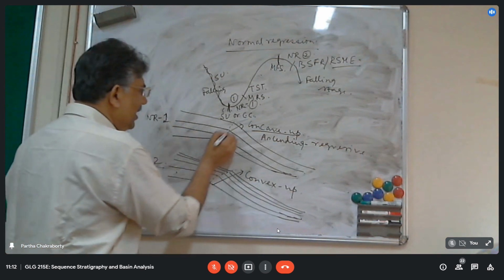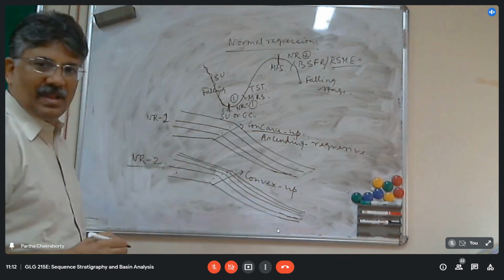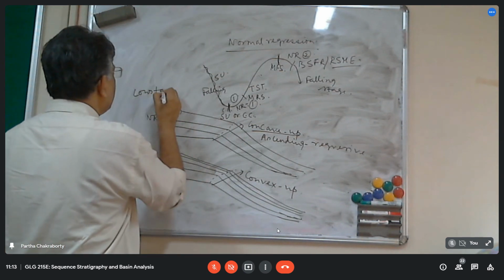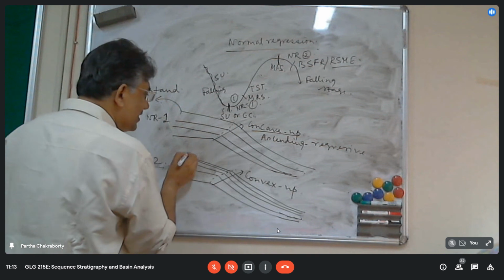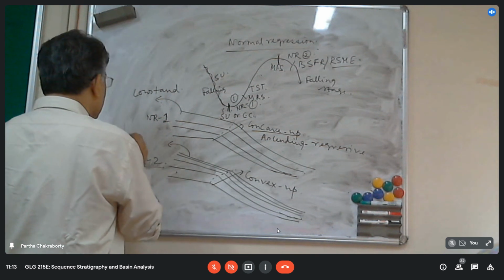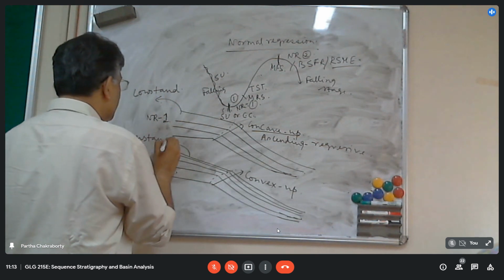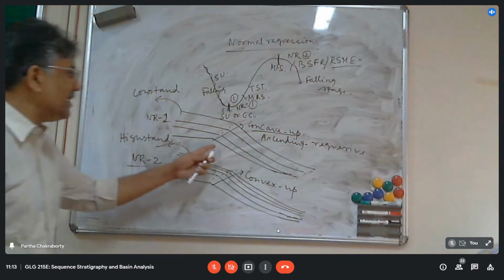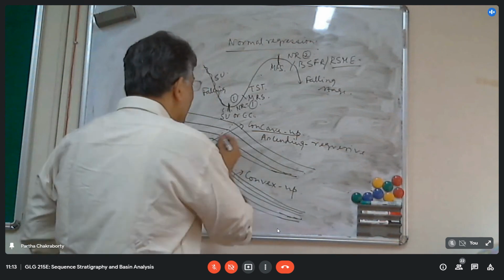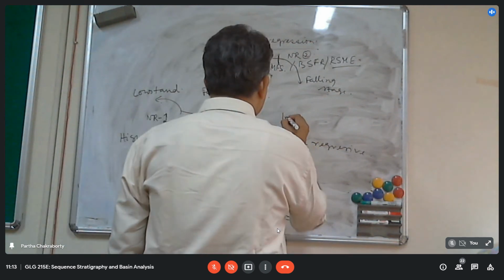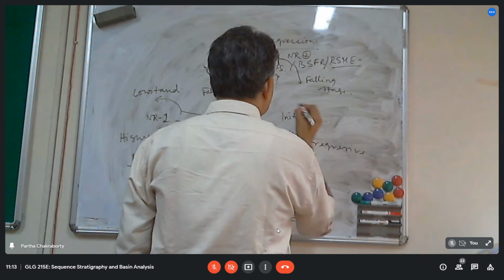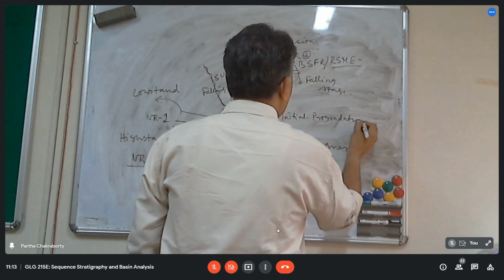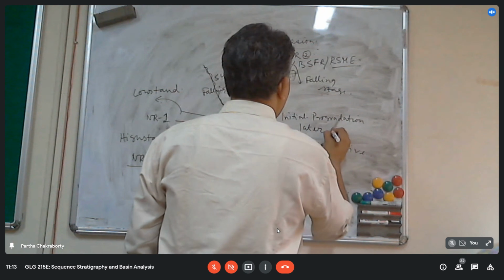Now, what is the meaning of this concave up? That is the normal regression related to lowstand. And what is this convex up? This is the normal regression related to highstand. So the packaging pattern here will be initial progression, later acceleration.